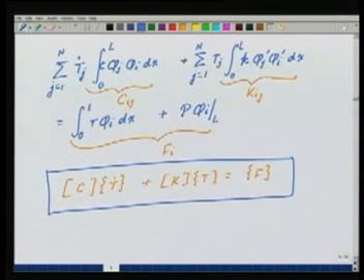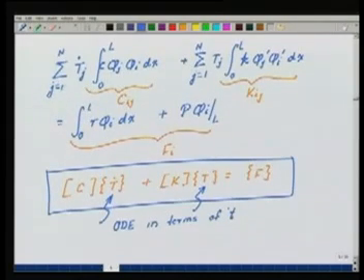What has happened is we have now written this in terms of time derivatives of these unknown coefficients and the values of these unknown coefficients. So this becomes an ordinary differential equation for these coefficients Ti in terms of time. Our job is now to find how these coefficients evolve with time.